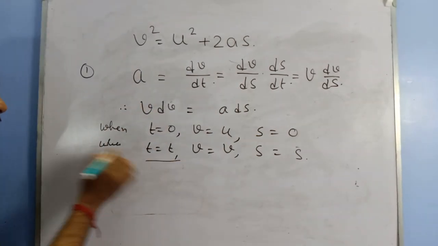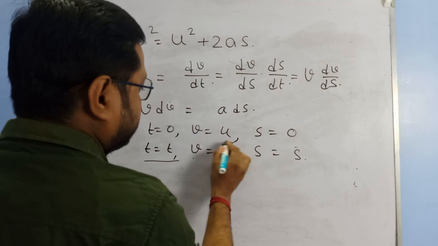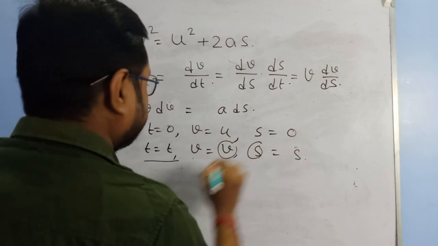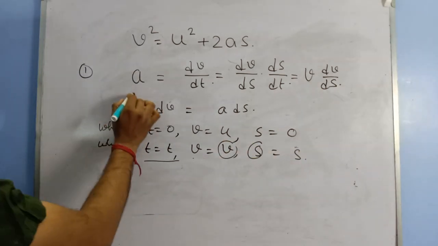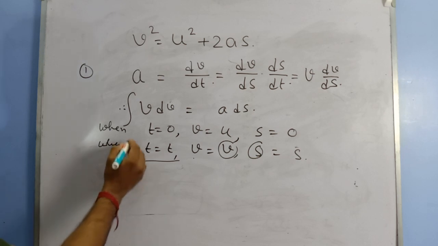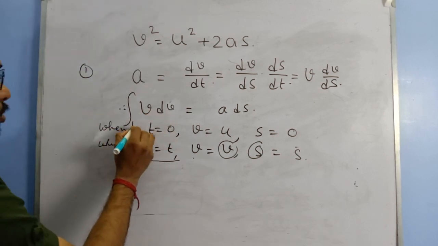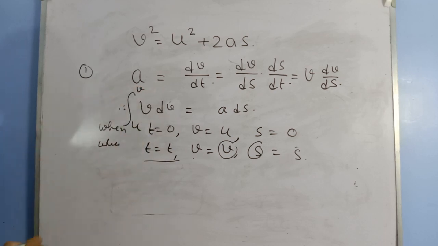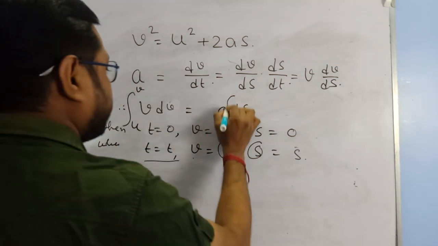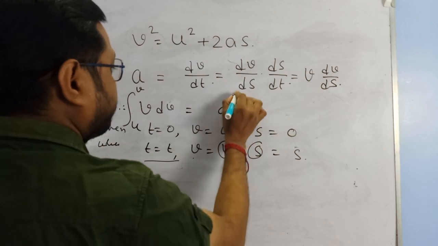But when the time is equal to t, the velocity becomes v and distance travelled is s. So we can get the integration limits from v dv, that is u to v, and for ds, 0 to s.